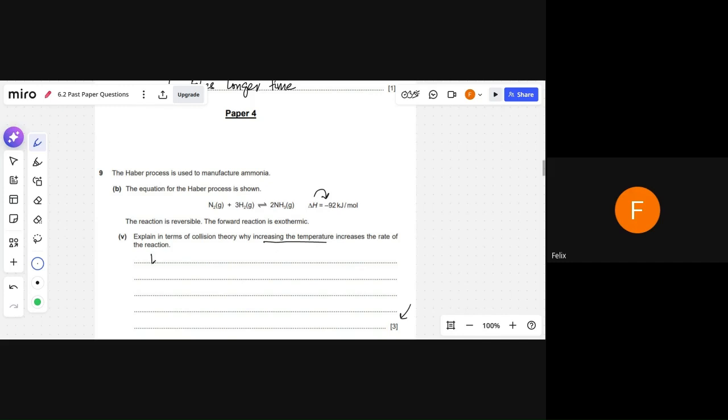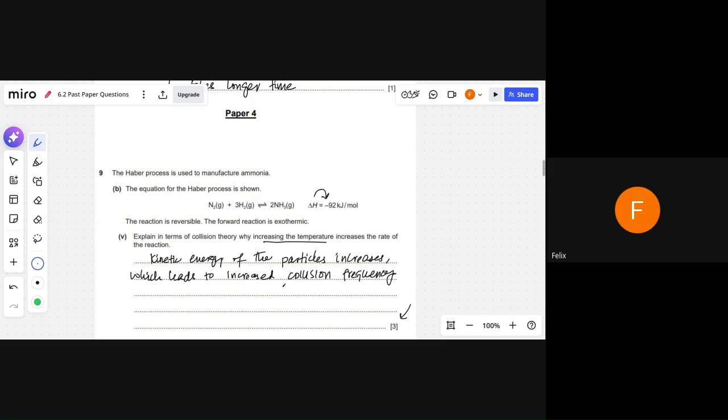So I'm going to write that the kinetic energy of the particles increases, which leads to increased collision frequency, right?